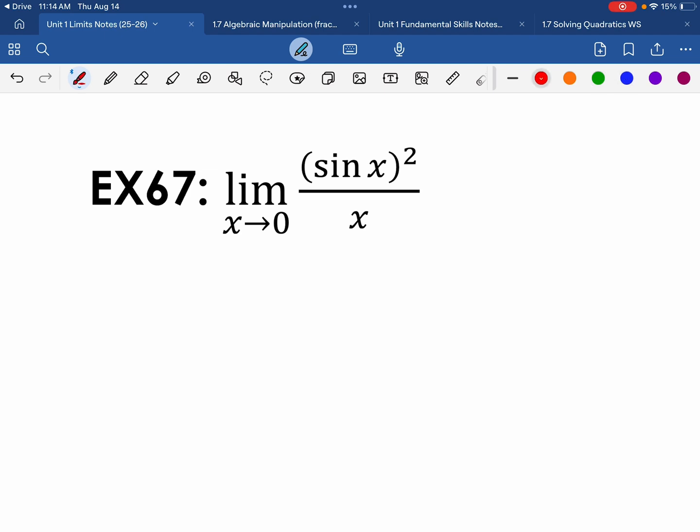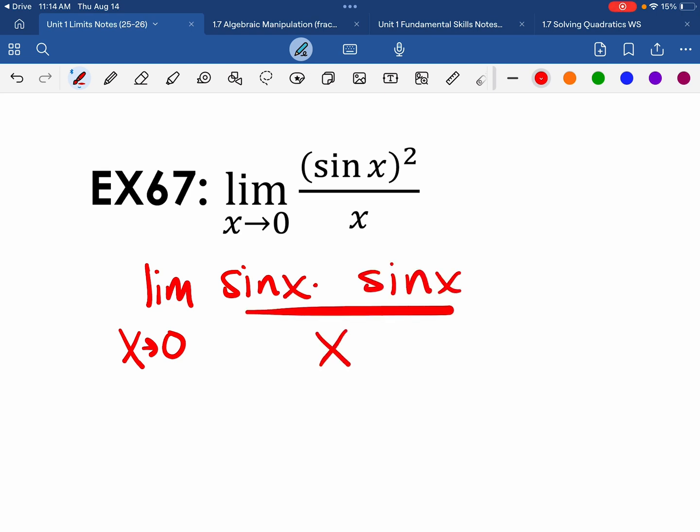Okay, so on this next one, I have the limit as x approaches 0 of sine x squared over x. So I'm going to split up my sine x squared and write it as sine x times sine x over x. That way I can pull out this special trig limit, the sine x over x.